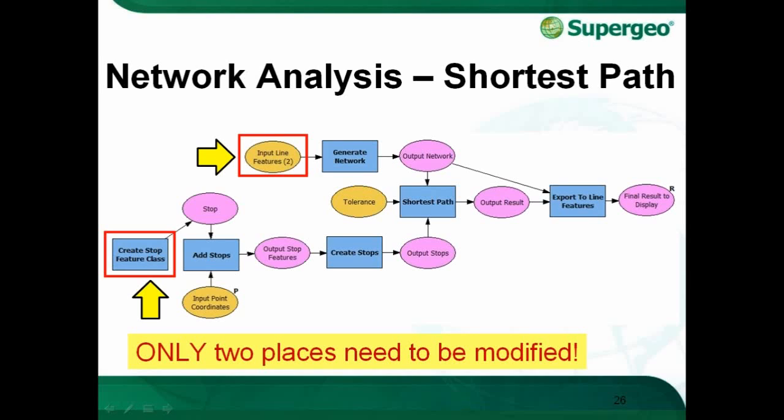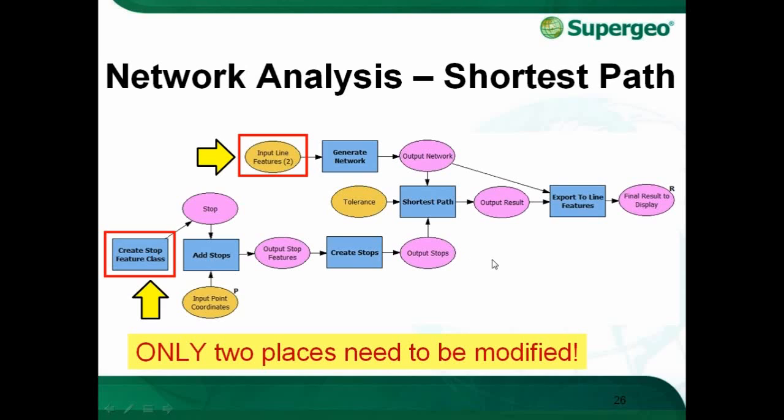As for the lower part, here, it's adding destinations. So, we need to create stops and set them as input while computing the shortest path. Before creating stops, it requires adding points as stops. Prior to that, we will need a feature class in point type. That's all for the two vital elements.